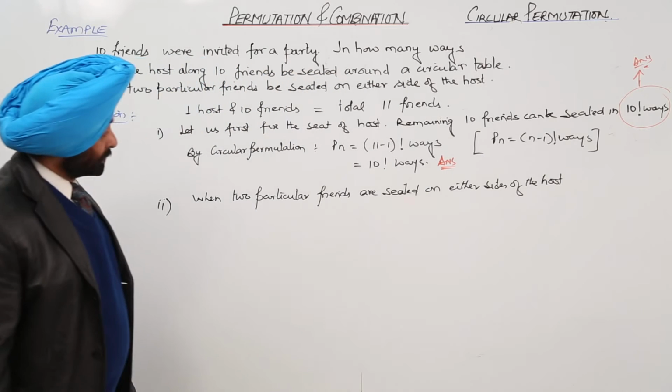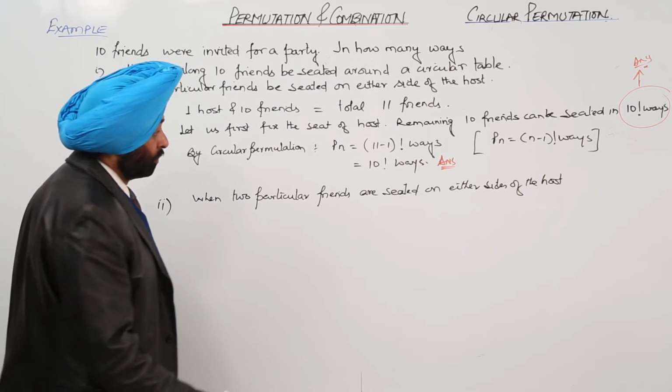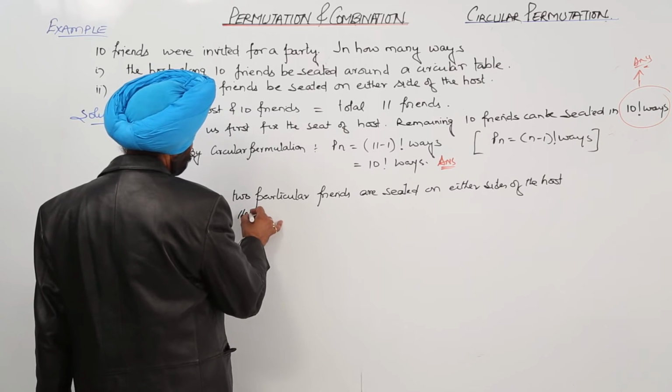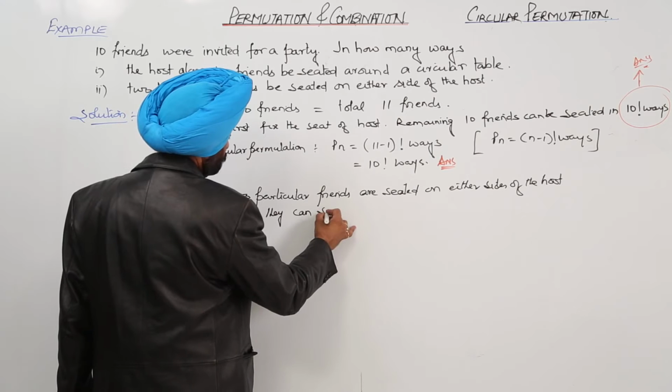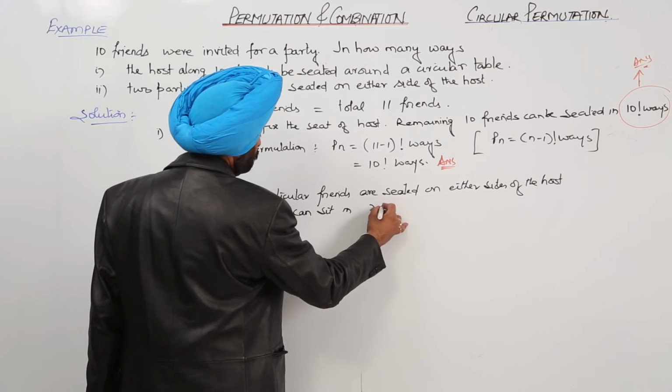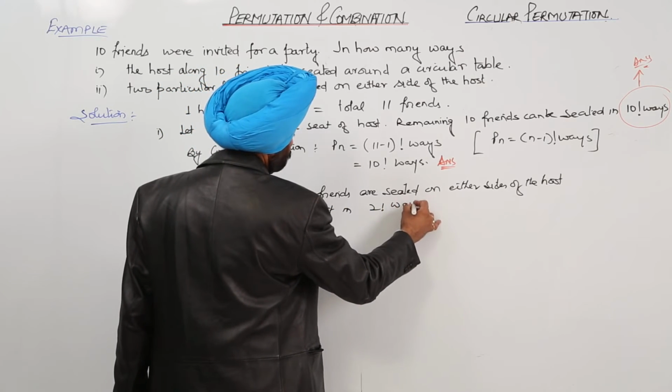When two particular friends are seated on either side of the host, then they can sit in 2 factorial ways.